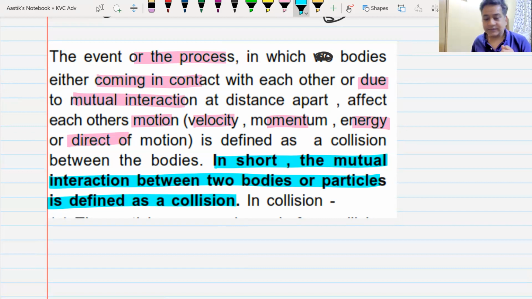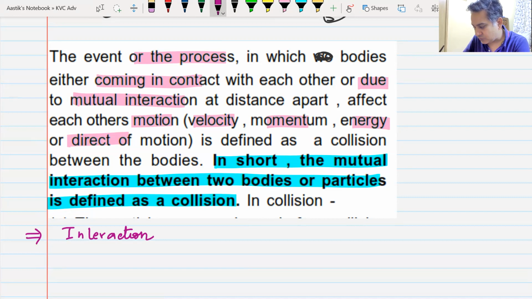So what are the things that you need to remember about collision? Number one, it is interaction. Interaction between two bodies. Number two, physical contact is not necessary.